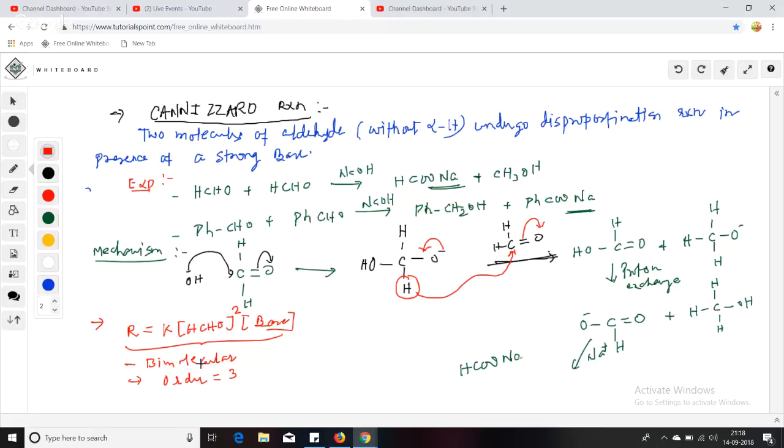With respect to aldehyde, the order is 2, and with respect to the base, the order is 1.